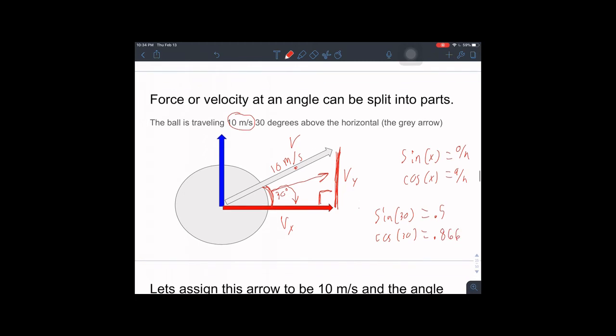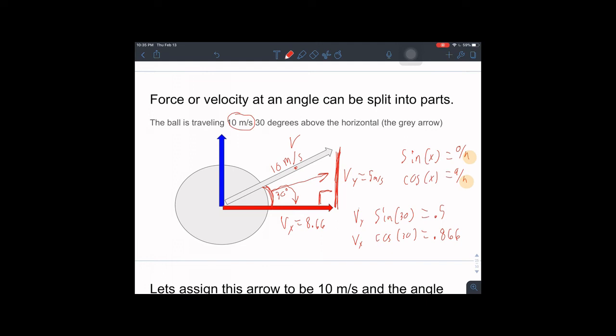And all we have to do, as both of these numbers are being divided by their hypotenuse, is just multiply these numbers by the hypotenuse to find our Vy and our Vx, respectively. So if we multiply 0.5 times 10, we'll find that the Vy is equal to 5 meters per second. And our Vx, once we multiply that by 10, is 8.66.